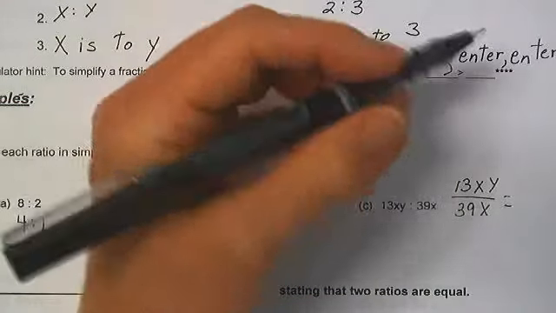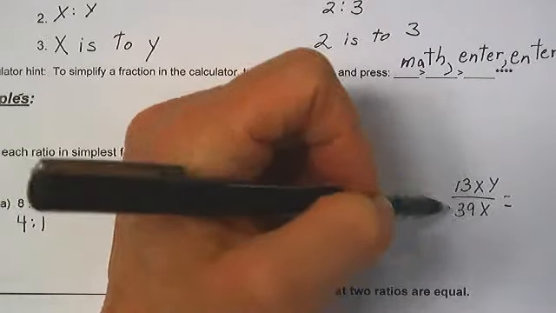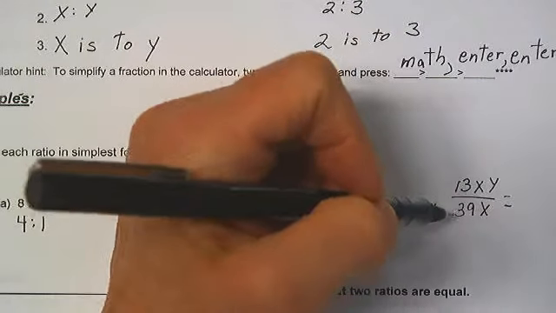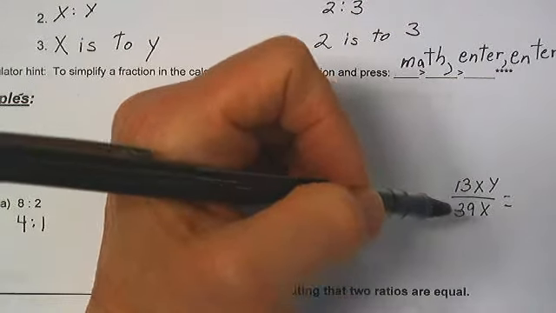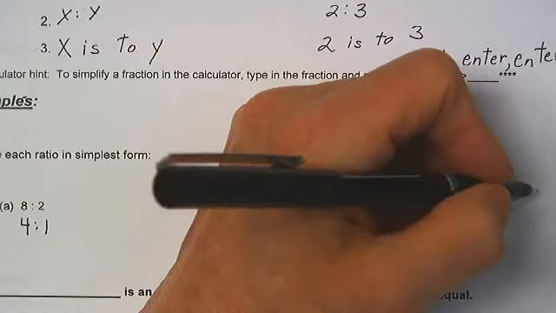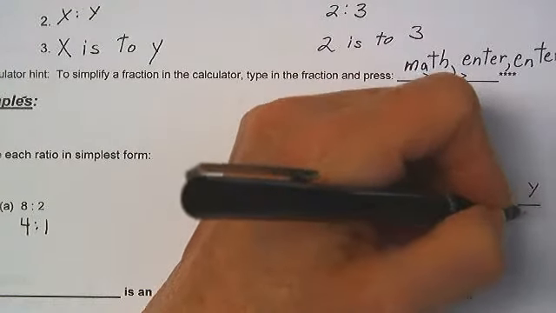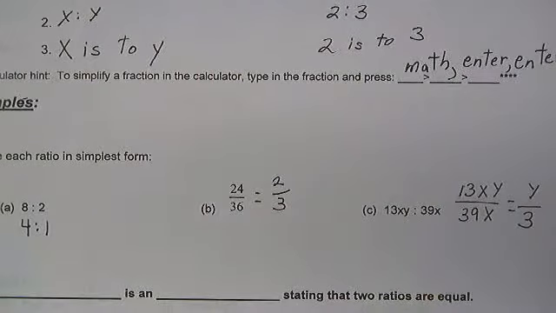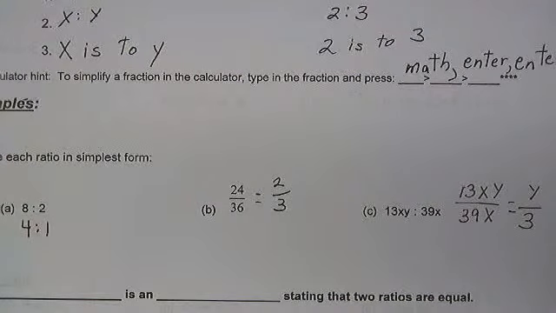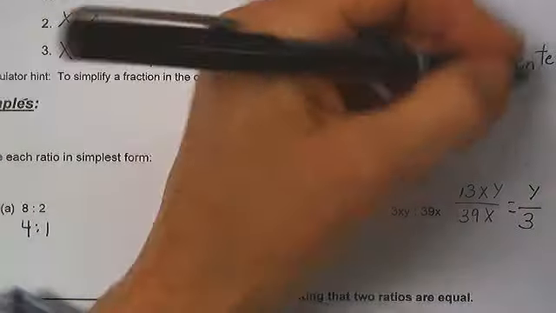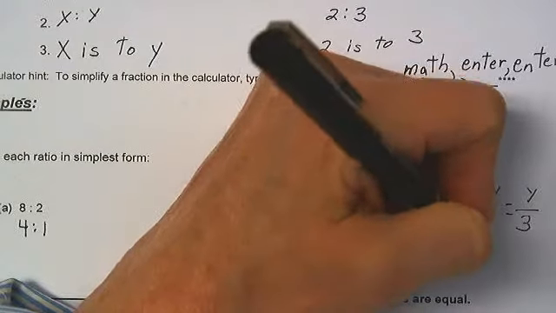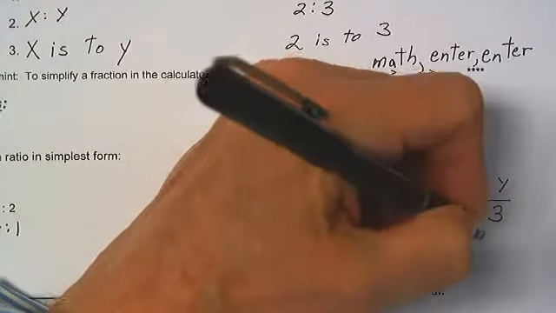So we have 13xy over 39x as y is to 3, or 1y is to 3.